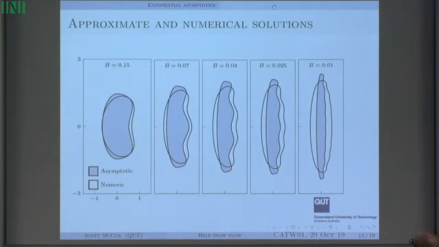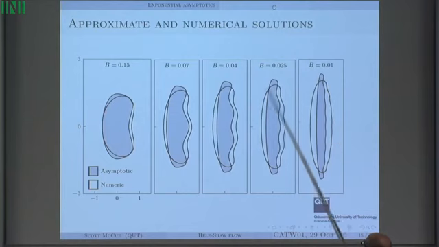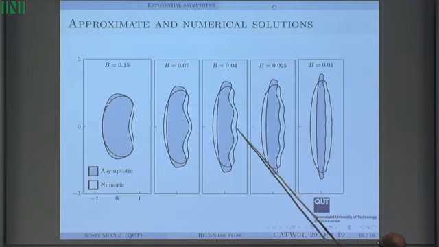So here are some of these, randomly chosen in this case, for different values of the surface tension, which aren't particularly small. You can see that the coloured one is the asymptotics, and this one here is the numerics. In some cases the match is okay, in other cases it doesn't look so great.